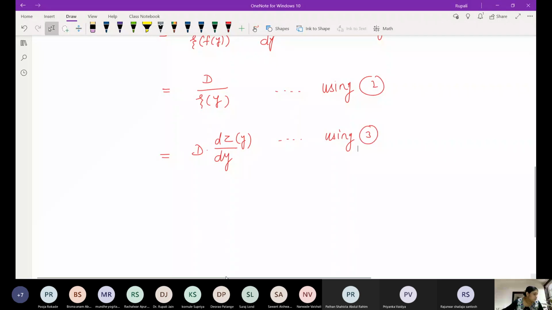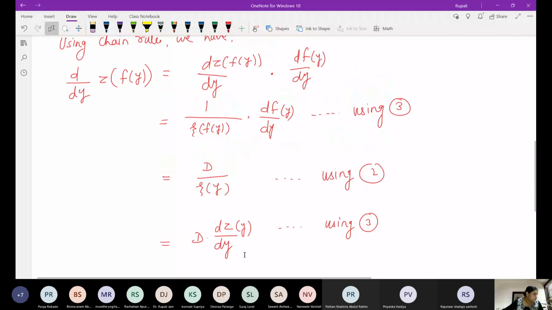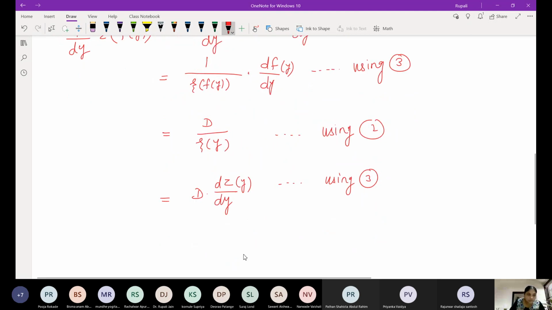Okay, so what we have got here, d by dy of z of f of y is some constant times d by dy of z of y. So this implies d by dy of z of f of y is equal to d times, d is constant, d by dy of z of y.